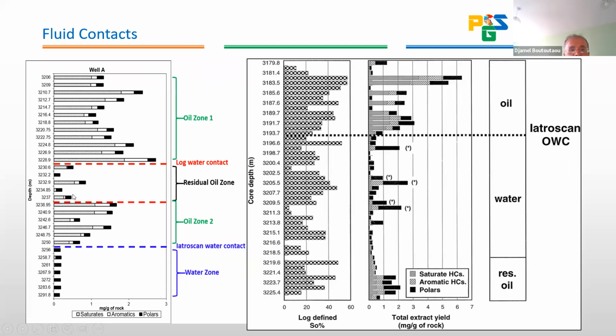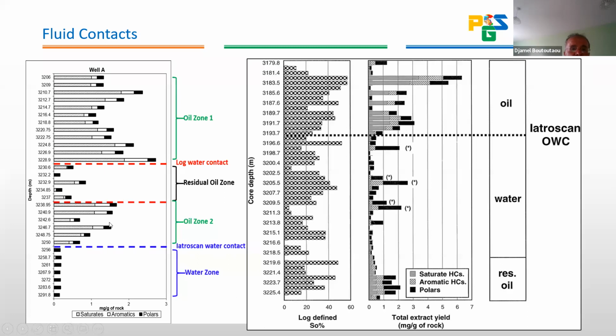Originally the log water contact was delimited here, but when I did analysis on these core samples, I found out that there is a zone here that was bypassed, which could be another secondary oil zone. That's the primary one, and that's the secondary.